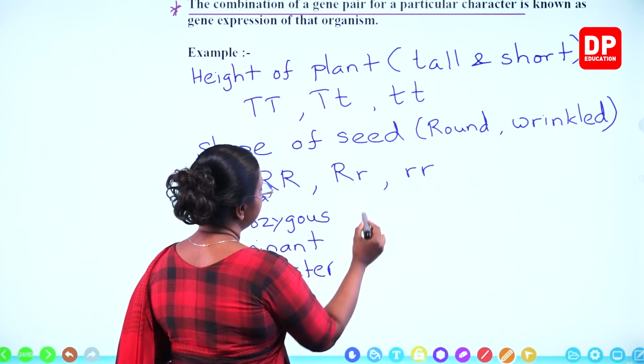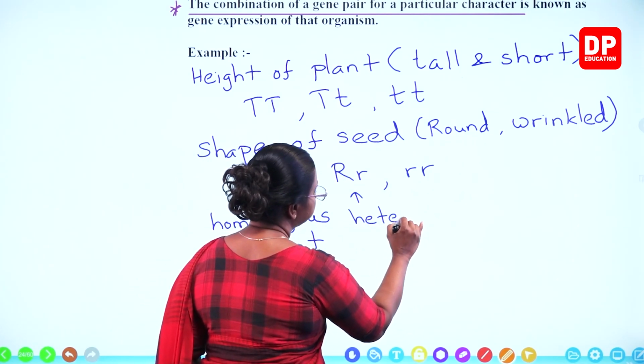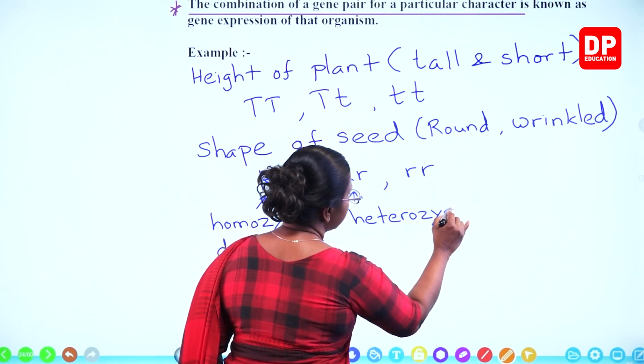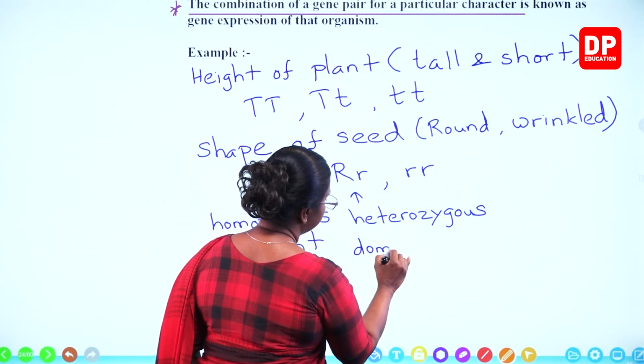So capital R simple R, this is a heterozygous dominant character.